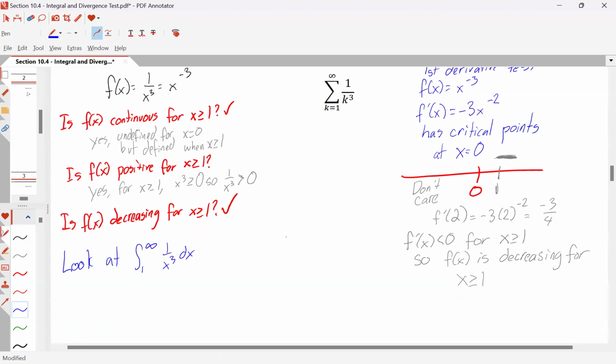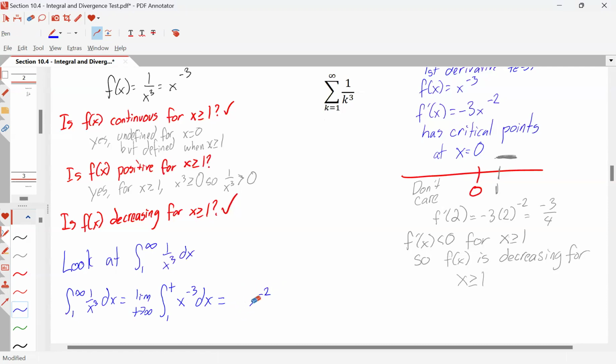We've done this integral before, but I'll write it out quickly. To look at this integral, we want to look at the limit as t goes to infinity of the integral from 1 to t of 1 over x cubed, which is also x to the negative third. The antiderivative of that would be negative 1/2 x to the negative 2.